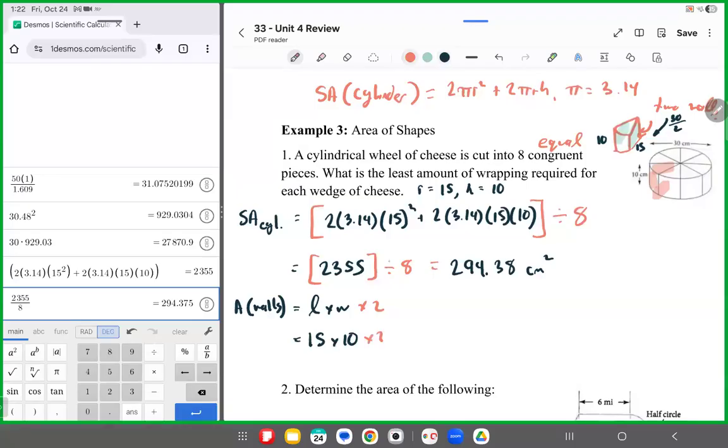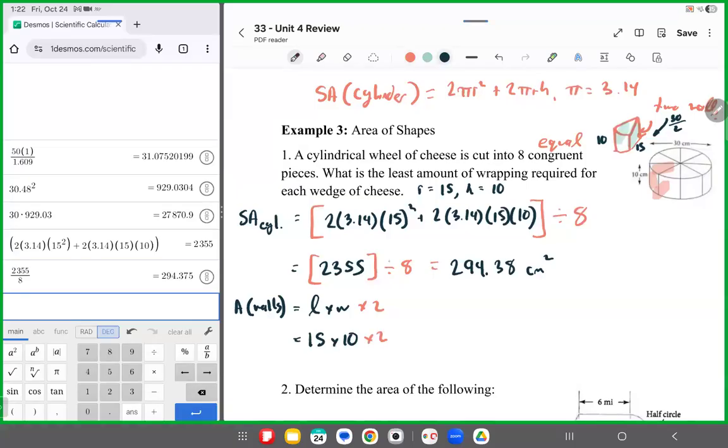Afterwards, we times this by 2. So on our calculator here, 15 times 10 times 2, that's going to give us 300. So this area will be equal to 300 centimeters squared. And you can see we actually need more for the walls than we need for the outer wrapping of the cheese. So there you go.